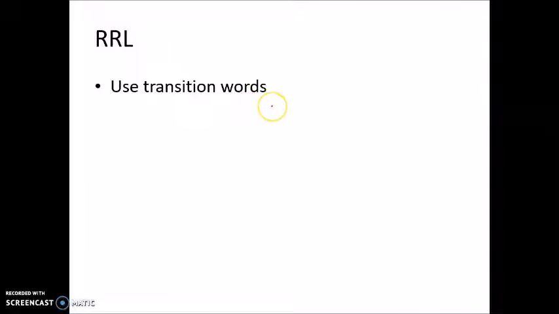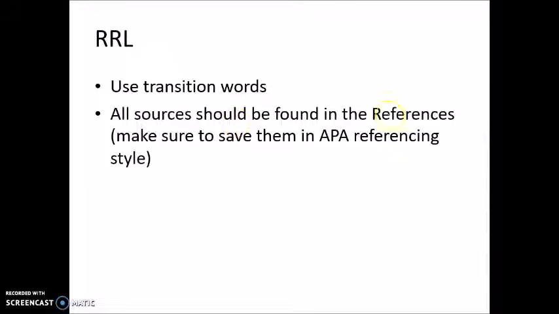Mga transition, moreover, furthermore, ganyan. All sources should be found in the references. Ito, madalas yung nakakaligtaan ng marami. Lahat ng sources mo na nilagay mo sa chapter 1, dun sa rational, sa RRL, dapat yan nakalagay lahat sa references. Okay? At saka nakasite.